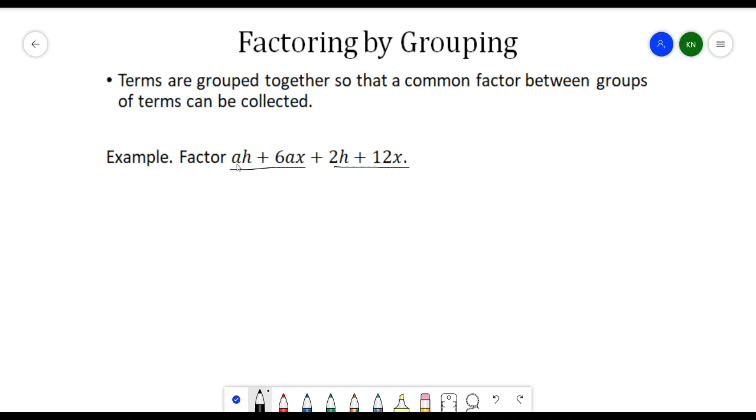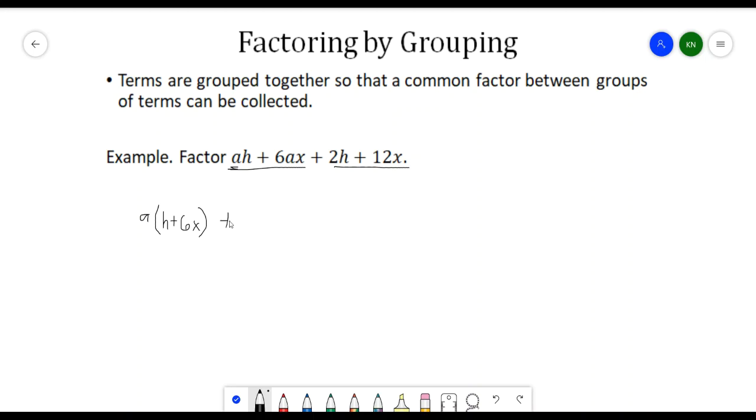As you can see from this expression here, there is a common factor, which is a. So we'll isolate our a, and then we have h plus 6x, right? Because a is common between the two terms, we'll just move that outside.